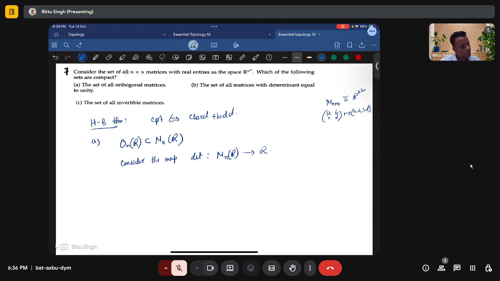So determinant is a continuous map because determinant is just a polynomial of those components, continuous. Now an orthogonal matrix is defined by, sorry, orthogonal means A times A transpose is the identity. So the determinant map will not work. So we consider this map.